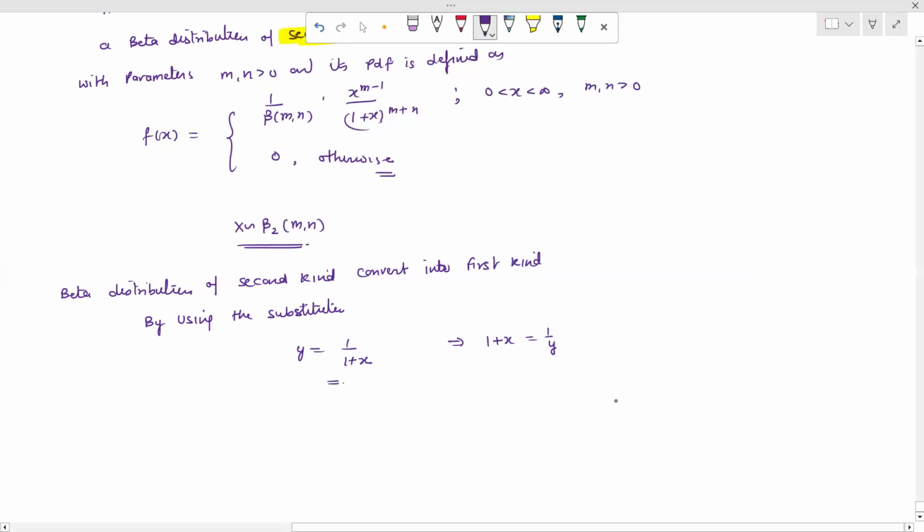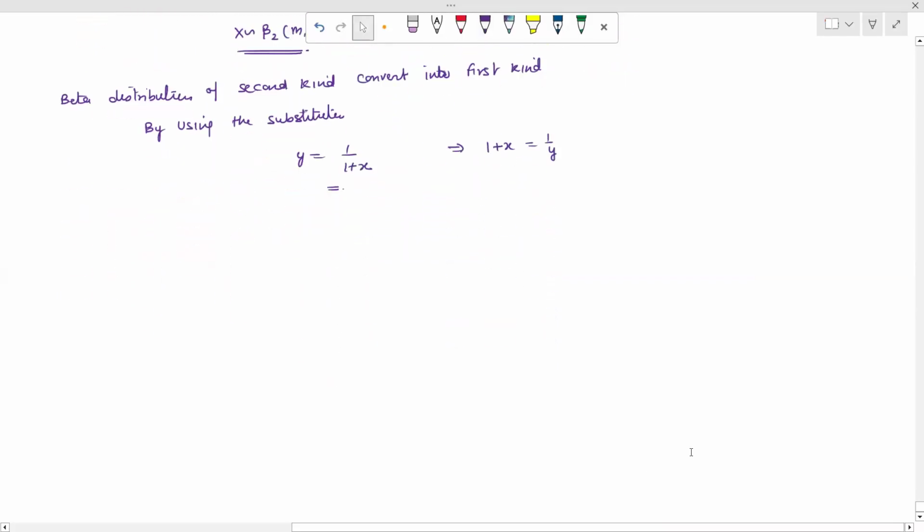Now we talk about the graphs, and we take some plots on the basis of these PDFs. So first we talk about the beta distribution of first kind.